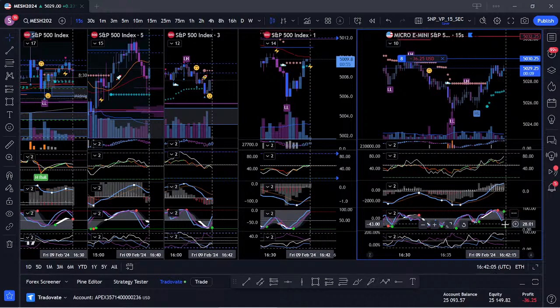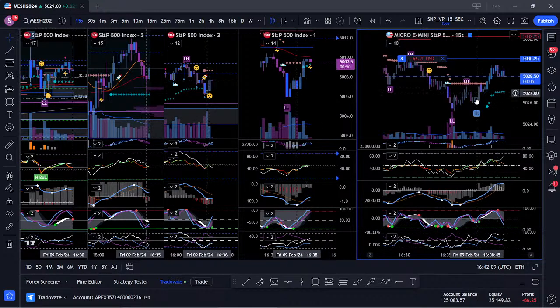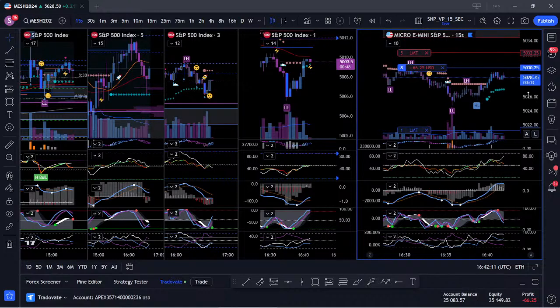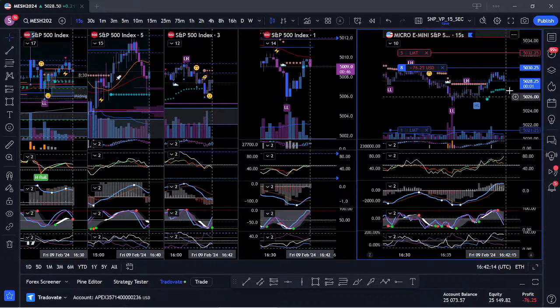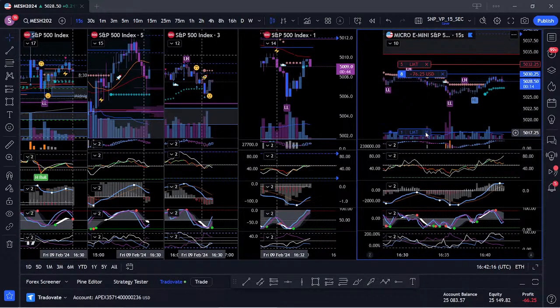Good. This is a good pullback. Is it going to make a new high? If not, you don't need that anymore.